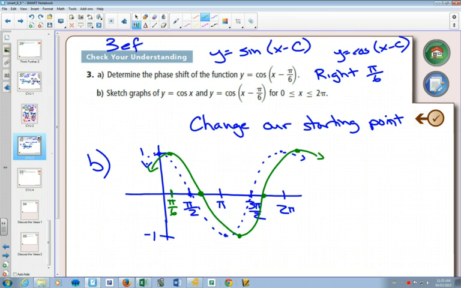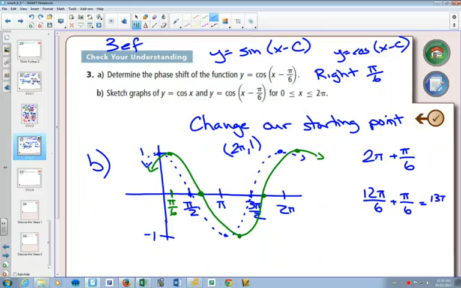I mean, you could, right? This point before, right, is at 2 pi comma 1. And if you took 2 pi and added pi over 6, well, you'd need a common denominator. And you would get 13 pi over 6. So if you wanted to, we could label that as 13 pi over 6.